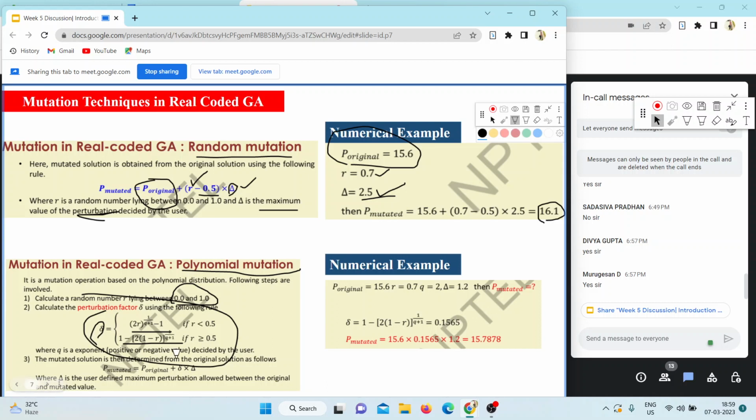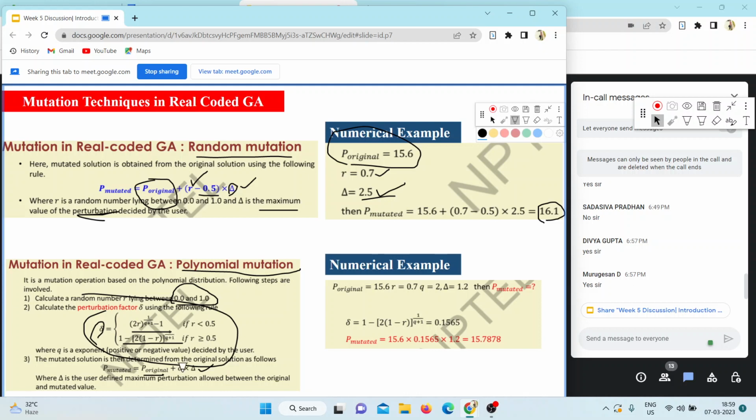And your capital delta or maximum perturbation factor will already be given. So your original bit is given, your maximum perturbation factor or capital delta, this triangle sign, is also given. This only you have to find.